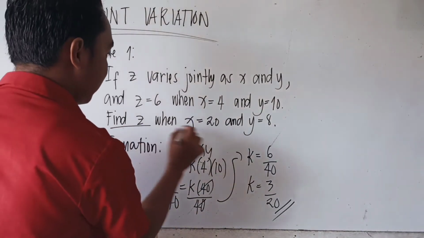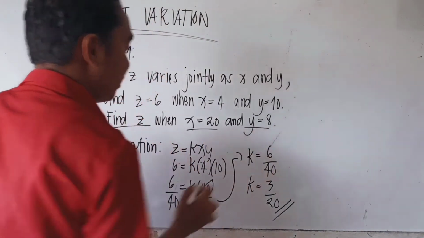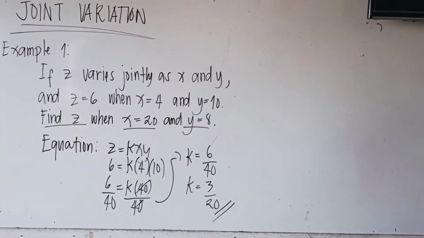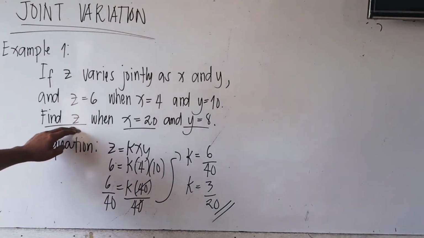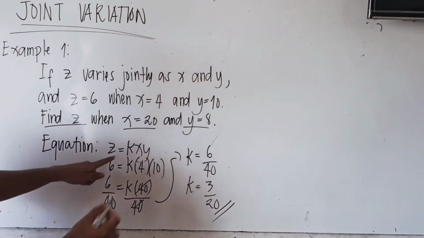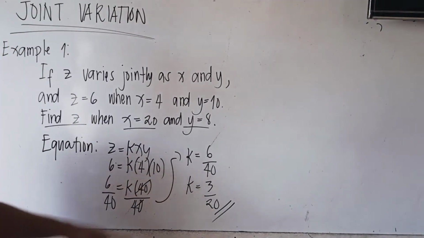Now, kapag may constant of variation na tayo, proceed po tayo dito sa problem na to. Find z when x is 20, y is 8. So, kapag may value na tayo ng k, yung next na gagawin is hanapin talaga yung nasa problem. Ito din po yung equation na gagamitin natin: z equals kxy.